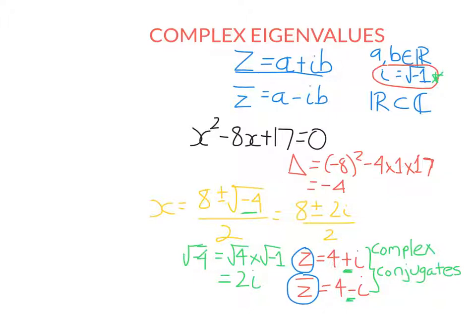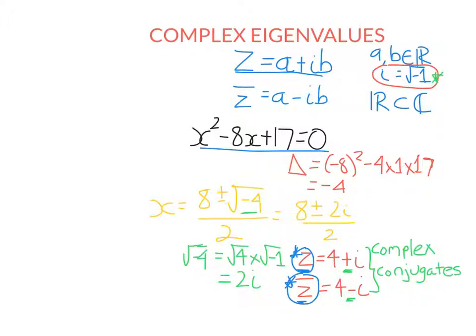Also, if you multiply a complex number by its complex conjugate, you get a real number. And that's why they come up as solutions to polynomial equations. For any polynomial that has real coefficients, like this one here, if z is a complex solution, so too is the complex conjugate of z.